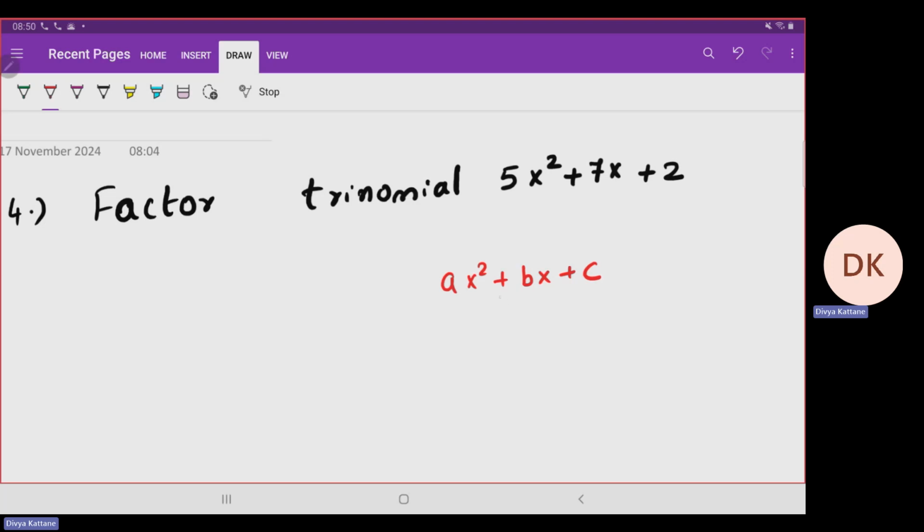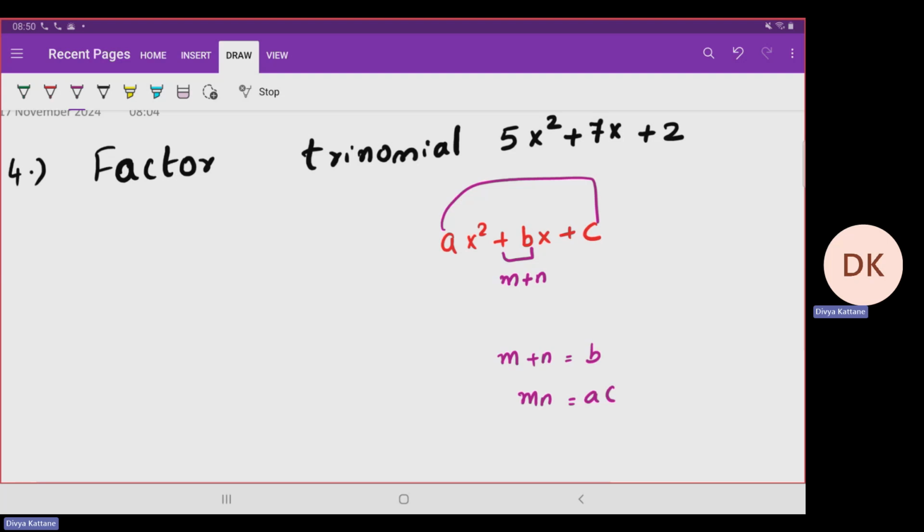That means we need to find two numbers m and n such that m + n equals b and mn equals a times c.